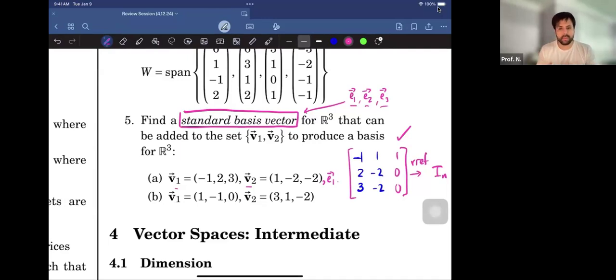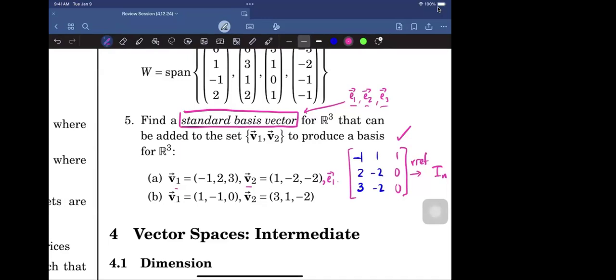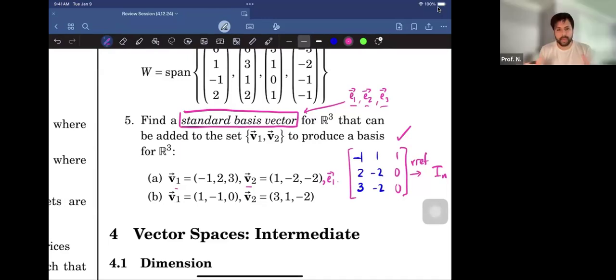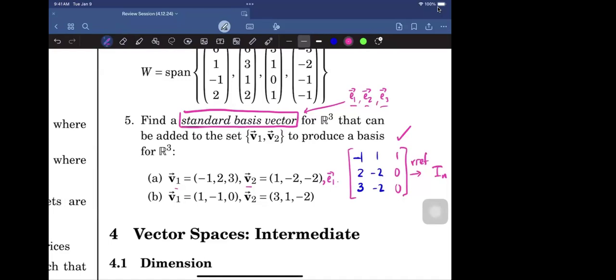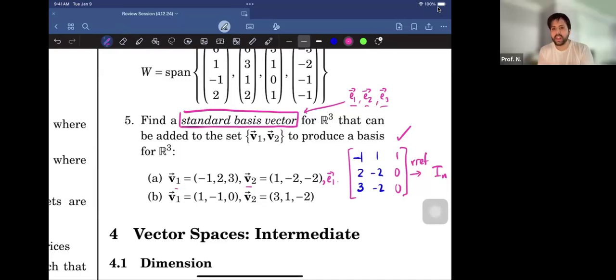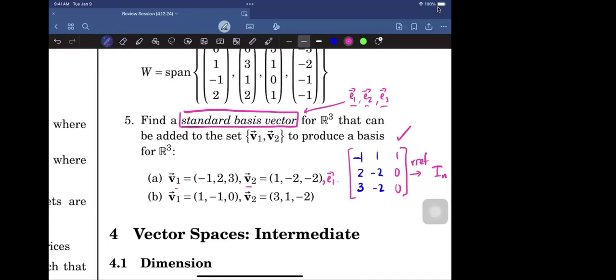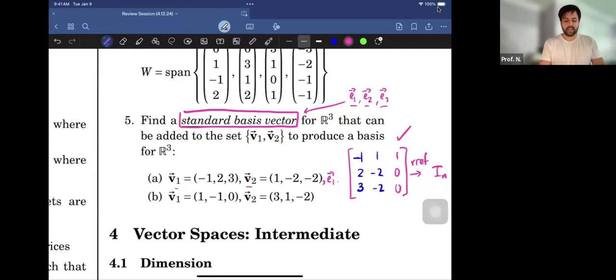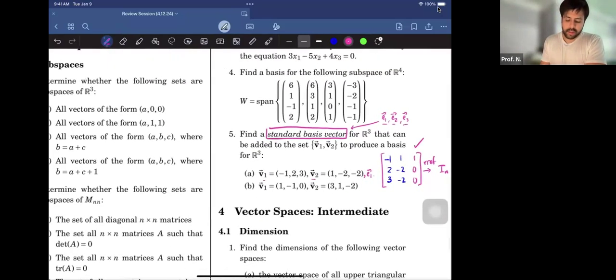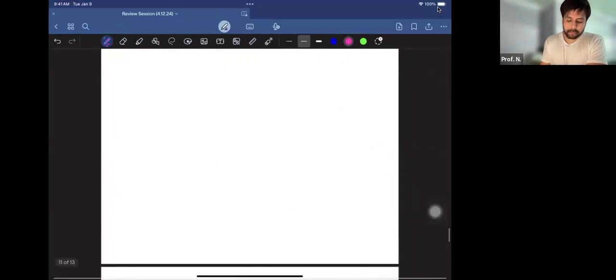You're in a three-dimensional space and you have 3 vectors, so you automatically span. That's one of the nice things about this. If you know the dimension of your space and you have that number of vectors, and you show that one of the 2 conditions for a basis holds, then you have the other condition automatically. Okay, thank you. Sure. So that's this problem, and the same thing goes for part B, same idea.